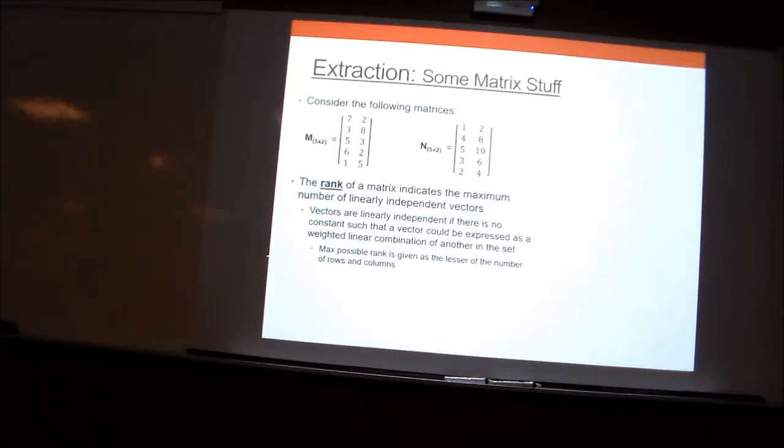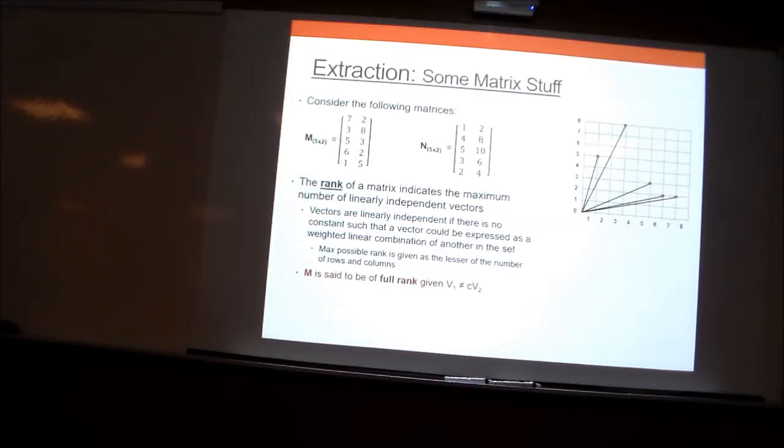So we're going to identify the maximum possible rank as the lesser of the number of rows and columns. Here we've got 5 rows, 2 columns. The max rank of matrix M is going to be 2, right?